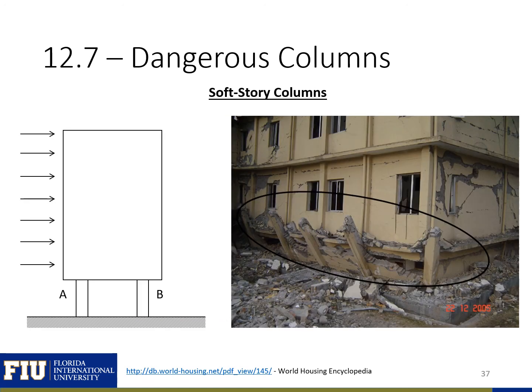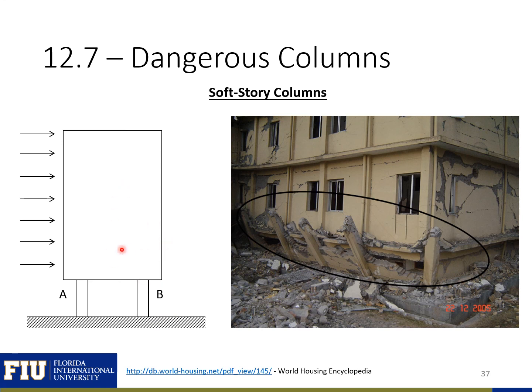Another type of dangerous column is a soft story column. Typically architects want big open lobbies without many walls, and often the columns will have longer heights than the rest of the building. This creates a soft story at the bottom with a stiff upper structure.